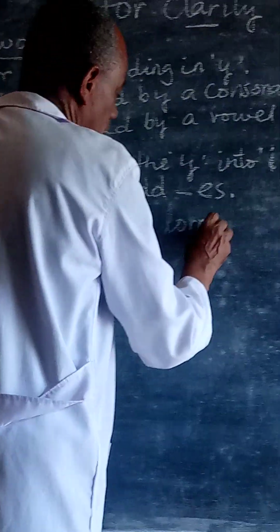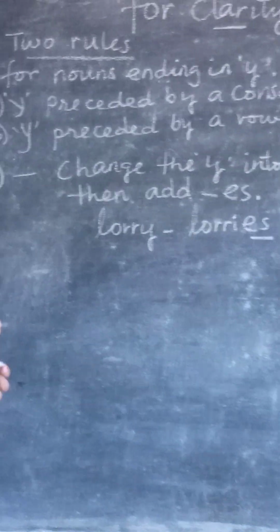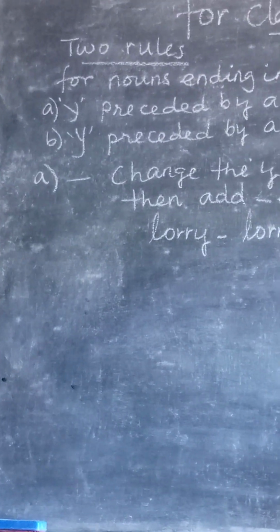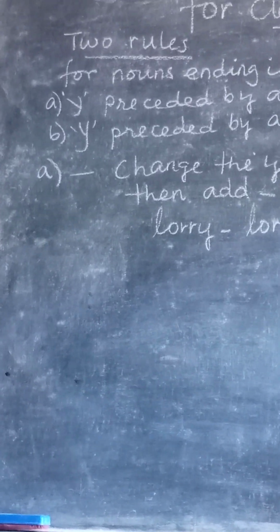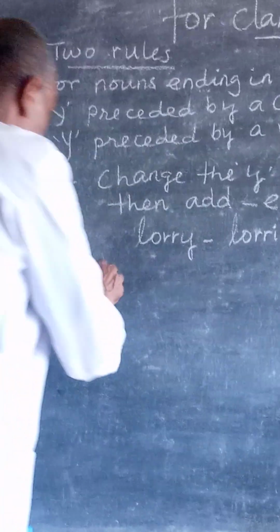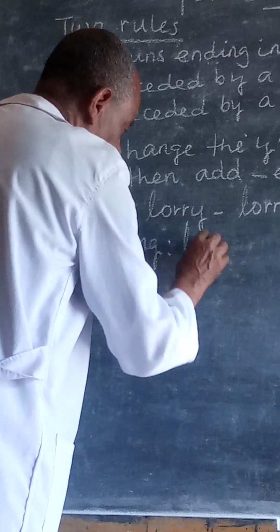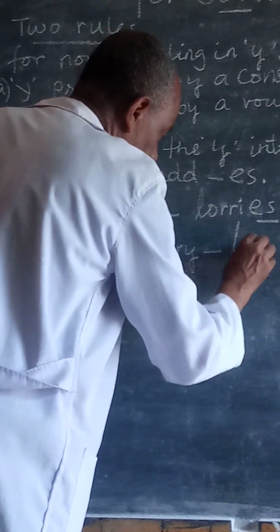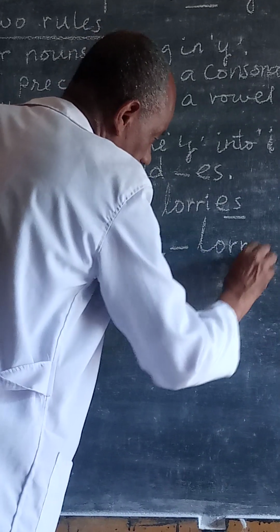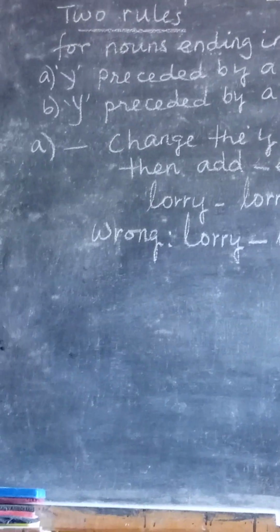We change the Y into I and add ES. We do not add IES. We add ES after changing the Y into I. After saying lorry, the plural form is lorries.